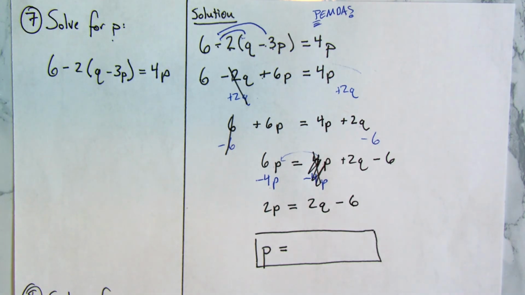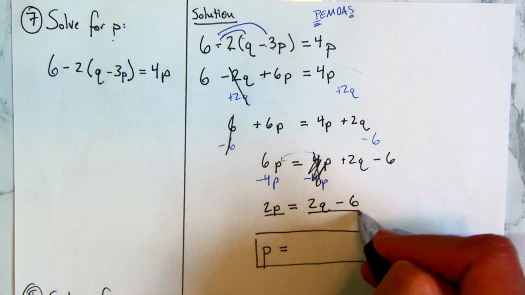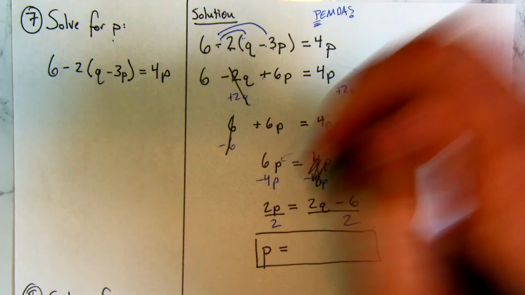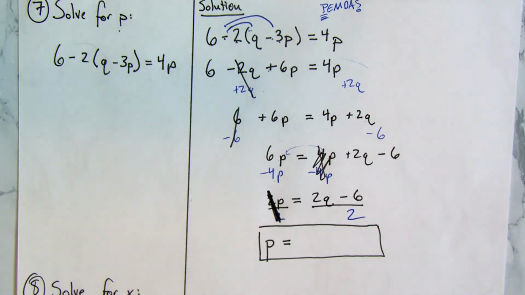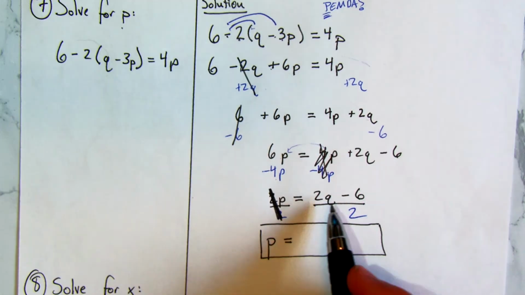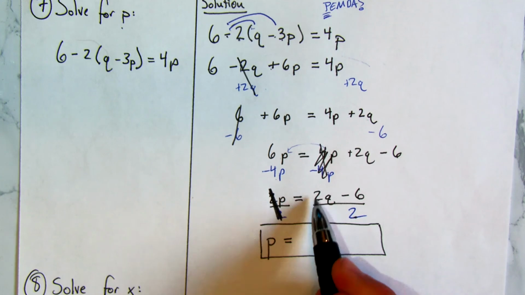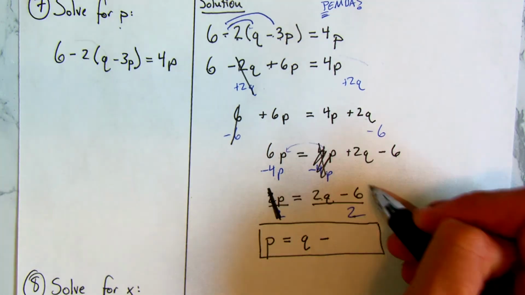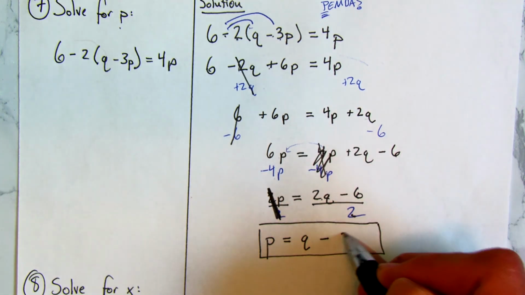Final step. Divide everything by 2. On the left, all you have left over is p. On the right, 2q divided by 2 is just q, minus 6 divided by 2 is just 3.